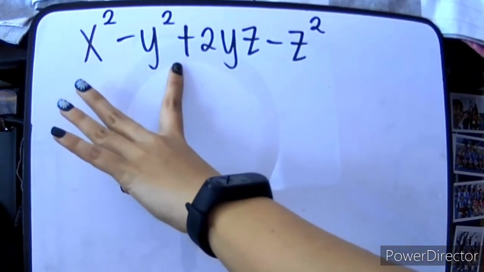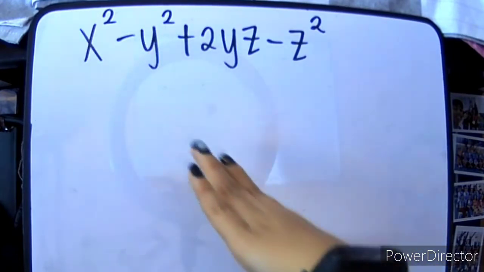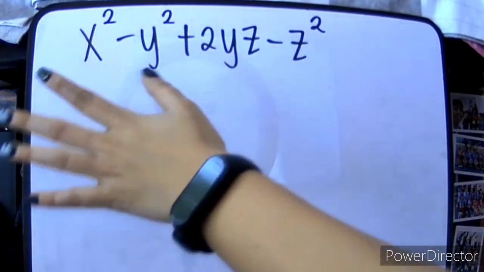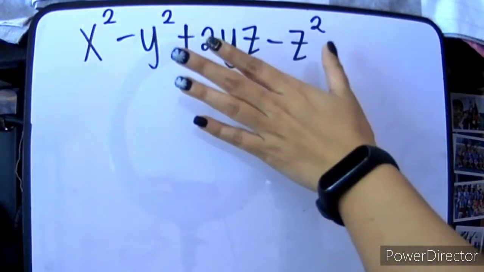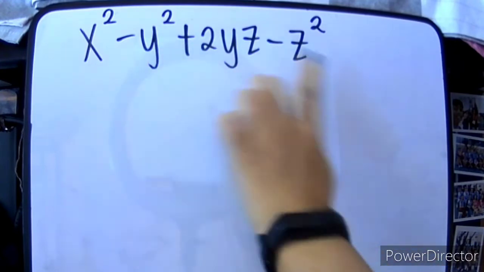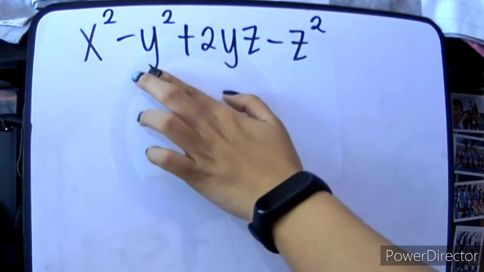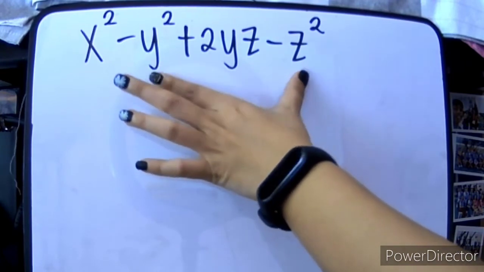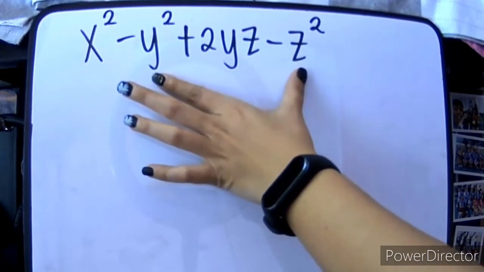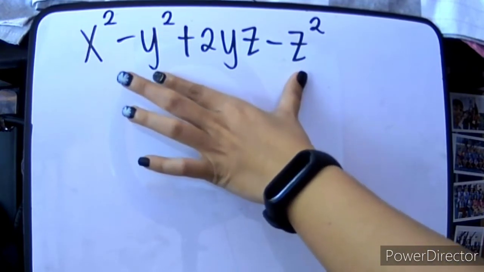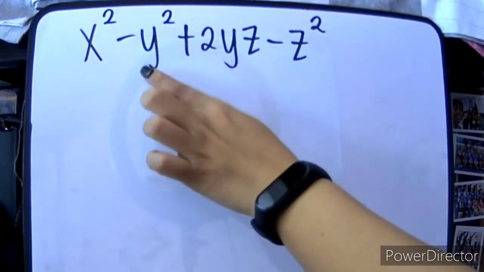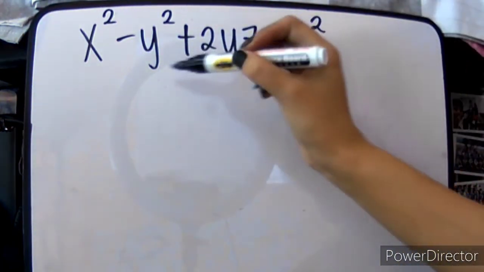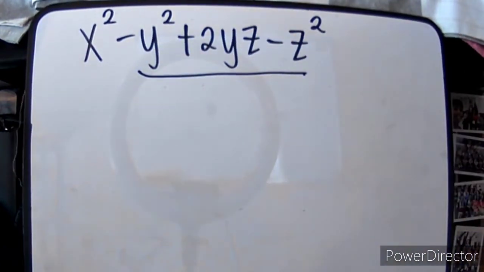So, this is not a perfect square trinomial kasi hindi naman 'to trinomial. And then ito yung perfect square, ito din ang perfect square. And then when we get the twice the product of the square root of this and this, it will give us 2yz. So ibig sabihin itong tatlong 'to ay ang perfect square trinomial.